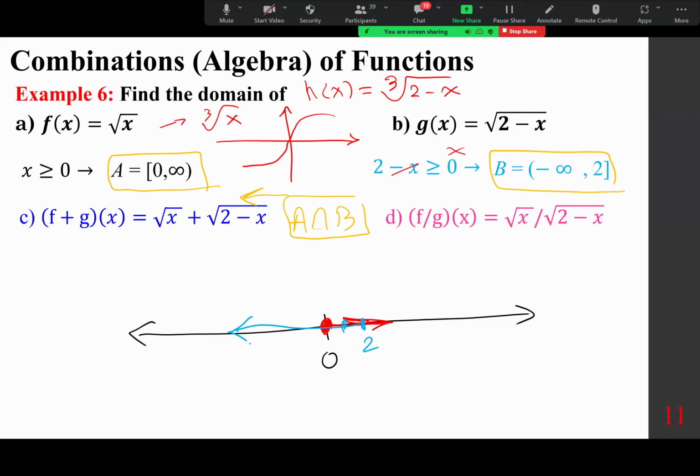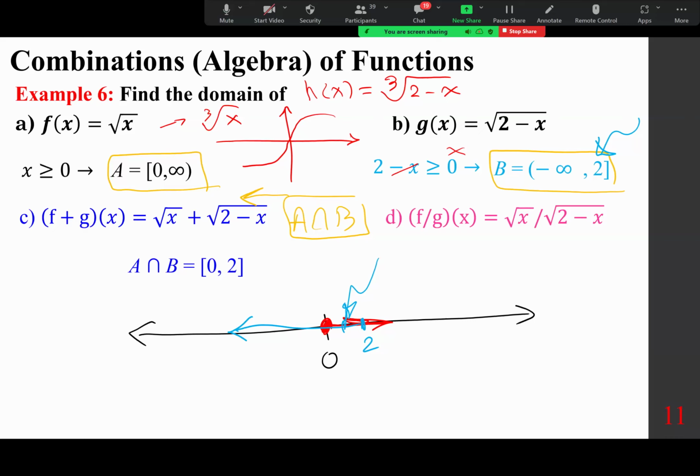So I hope you see that the intersection is 0 to 2. Zero is included, yes. 2 is included, yes. This shows that 2 is included, okay, everybody?